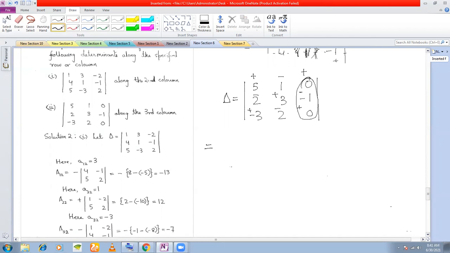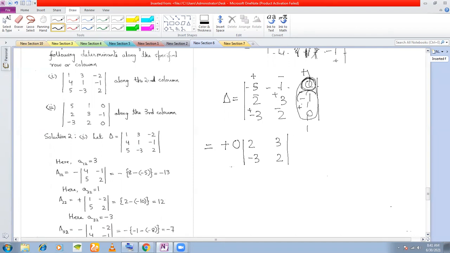Now, first element here is 0. So I give a plus and I write the element 0. Now I want to multiply this element with its minor. What is the minor here? I delete this row and this column. What am I left with? 2, 3, minus 3, 2, right?